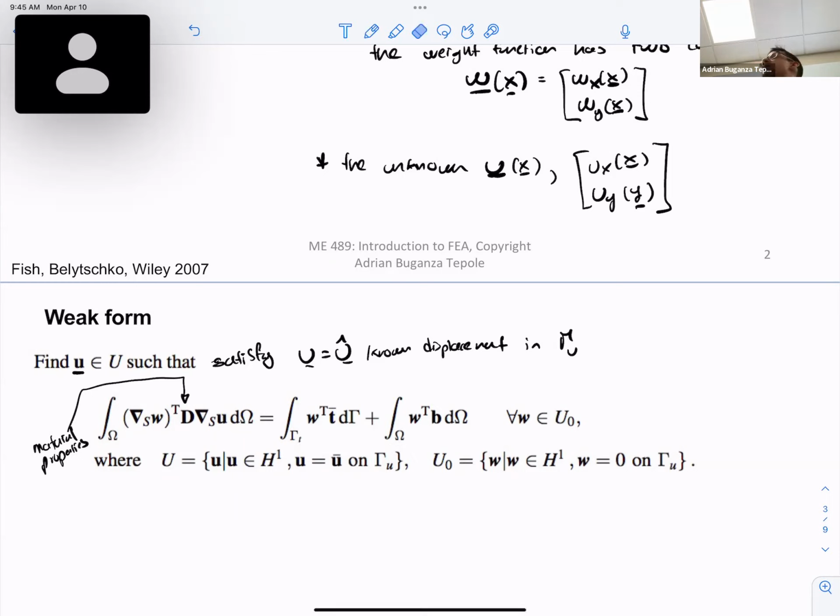And this has to be satisfied for all the weight functions such that the weight functions vanish at the boundary with essential boundary conditions.